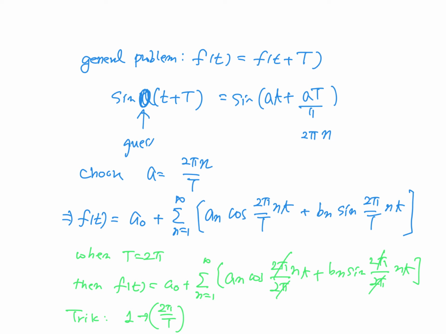So as before, right? Right. Can I move on? So the integral from minus pi to pi of f(t) dt becomes, you change this.